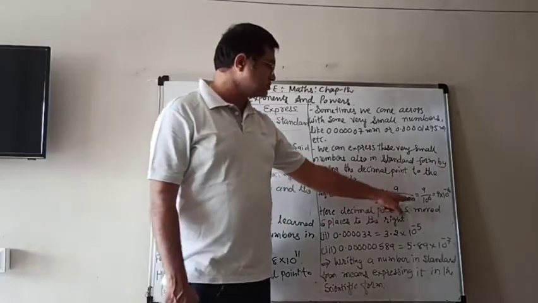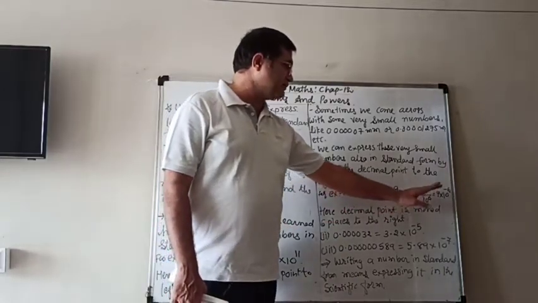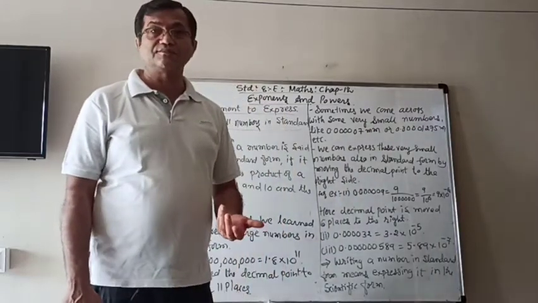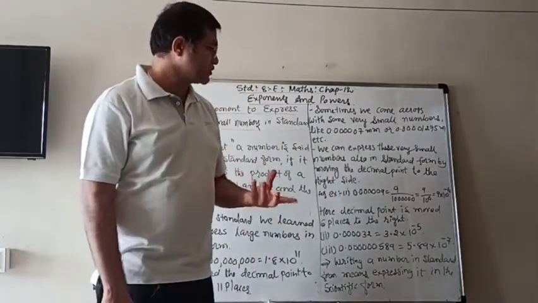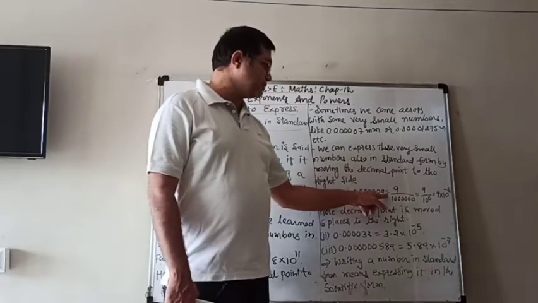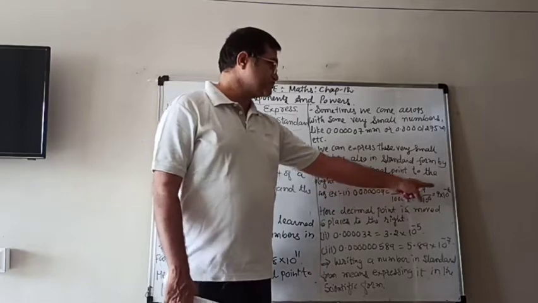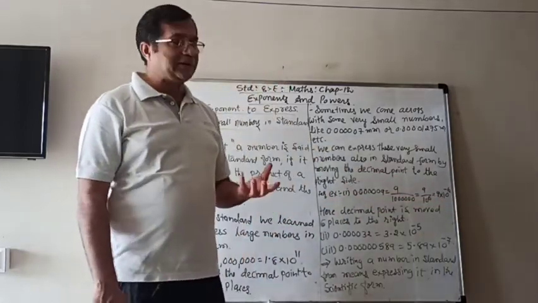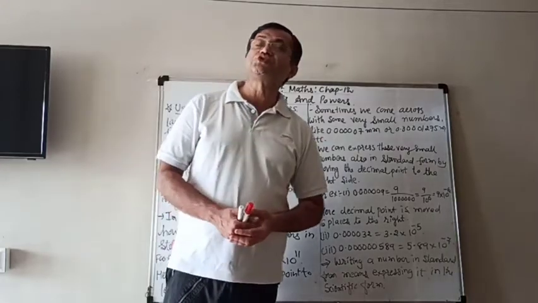It means it is 10 raised to 6. And when we use a negative power, it comes to the numerator. So it becomes a negative power. So 0.000009 can be expressed in the standard form as 9 multiplied by 10 raised to minus 6.